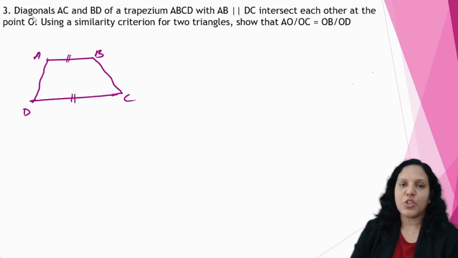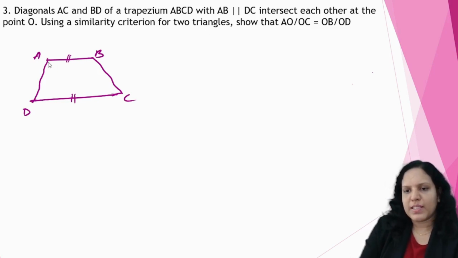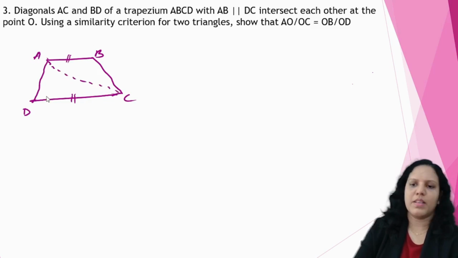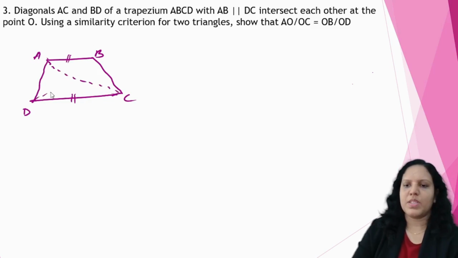We need to draw the diagonals AC and BD of this trapezium intersecting at the point O. So let's draw the diagonal AC and BD. These two diagonals are intersecting at point O.